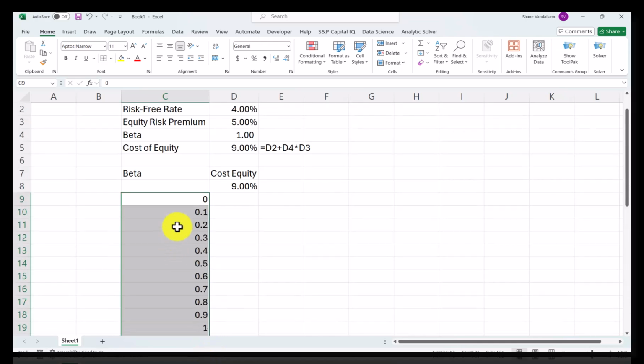And the 0 beta would just mean that the equity or the stock that we're looking at doesn't have any correlation with the market at all. That's kind of rare to see. Most firms will have some level of correlation. They'll move with the market to a certain extent.